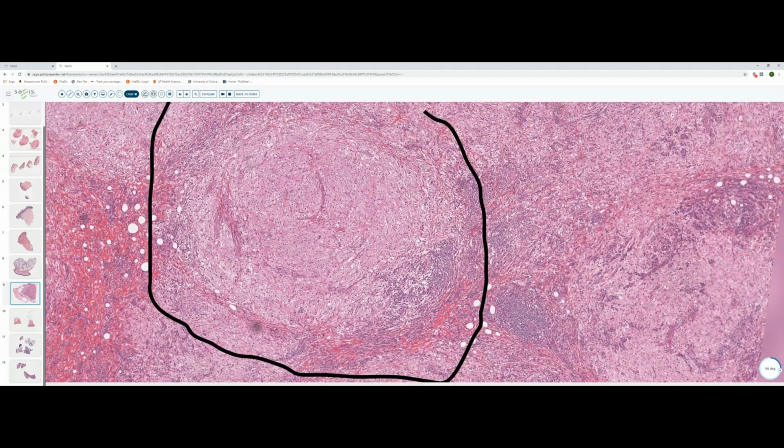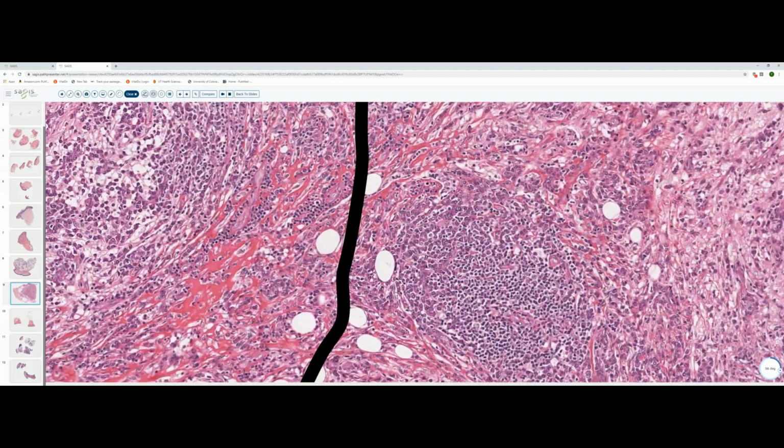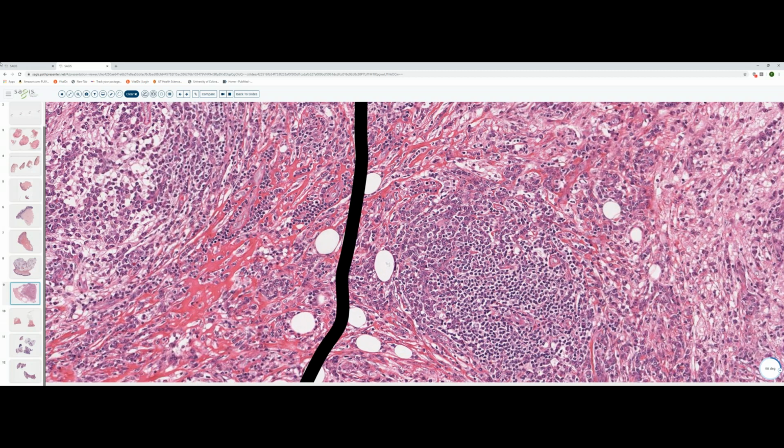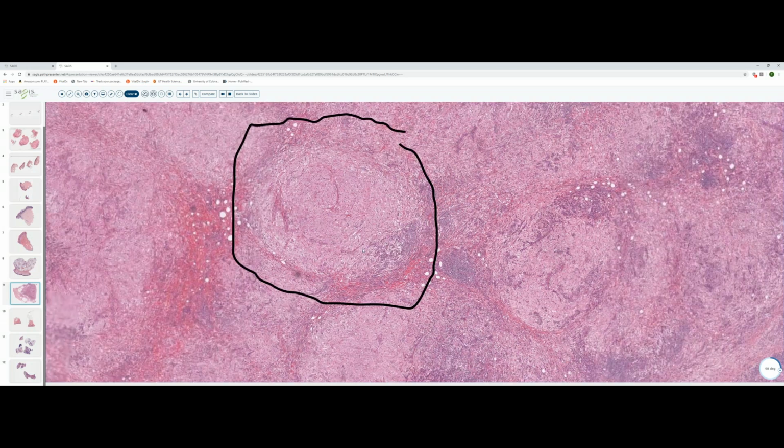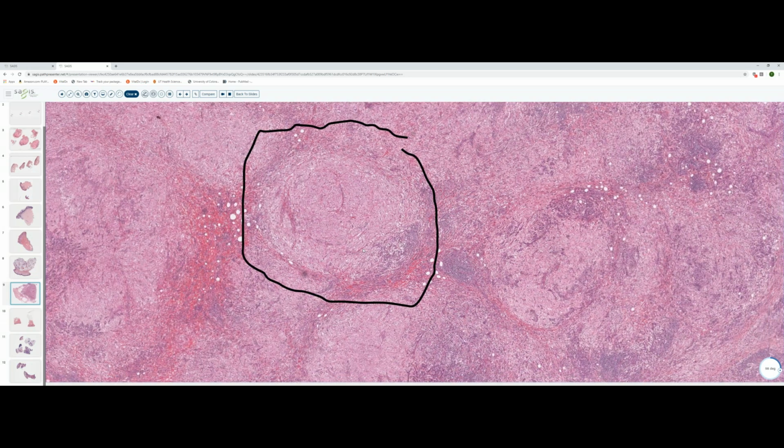And then out in the periphery, we had these nodular aggregates of both lymphocytes here and lots and lots and lots of plasma cells.